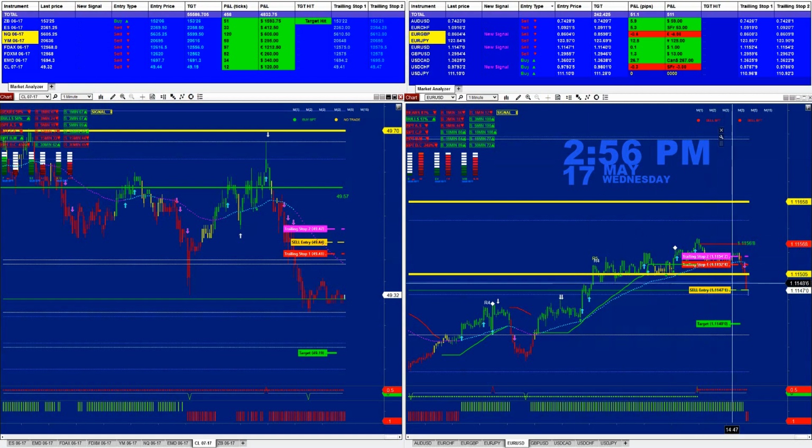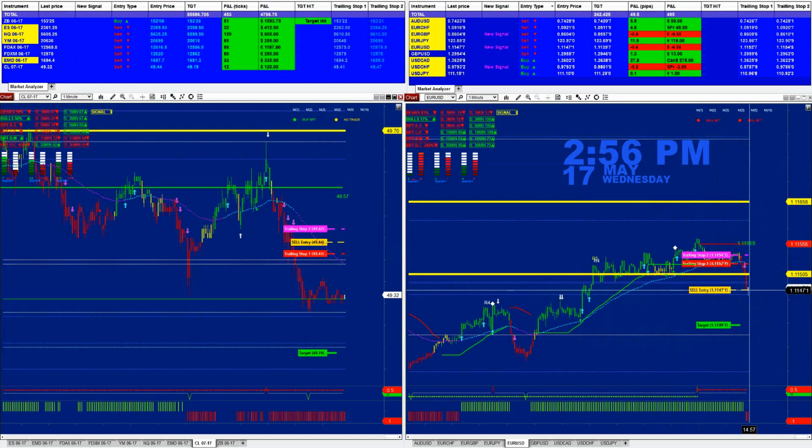And now we have a sell entry at 47, and then we have a target at 39.7. So this is really also something new. It is very interesting for the Forex, for the scalpers.